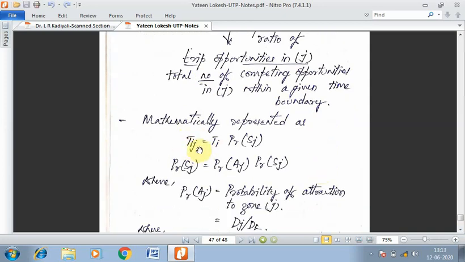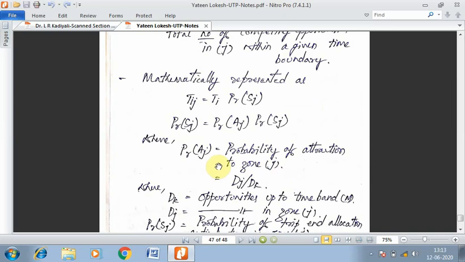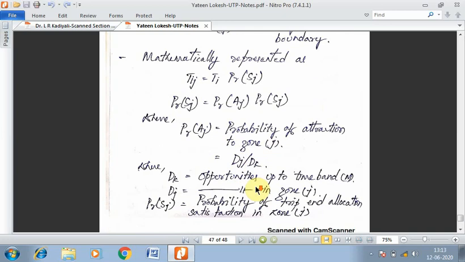So capital Tij is equal to Ti multiplied by the probability of Sj to take place, where this PRSj is equal to PRAj multiplied by PRSj. So PRAj is the probability of attraction to zone J, which is again given by the ratio of Dj and the sum of Dk.